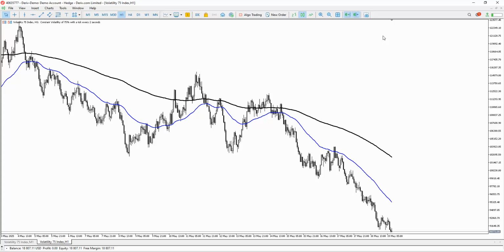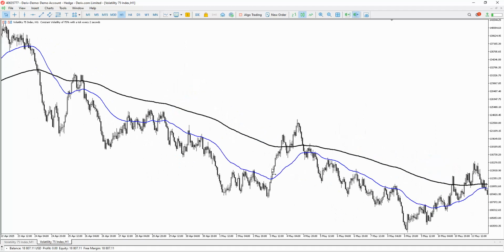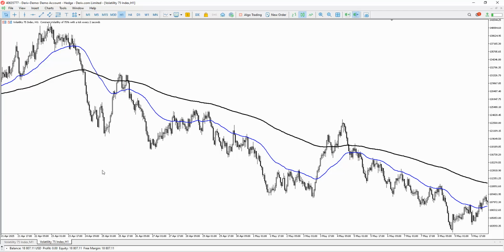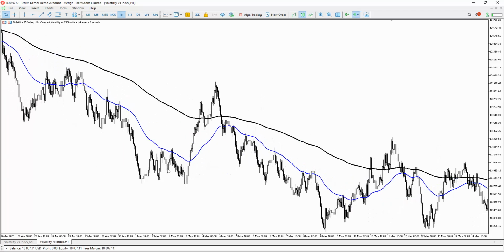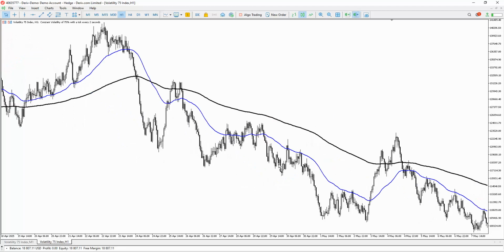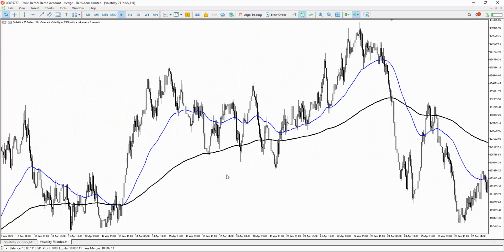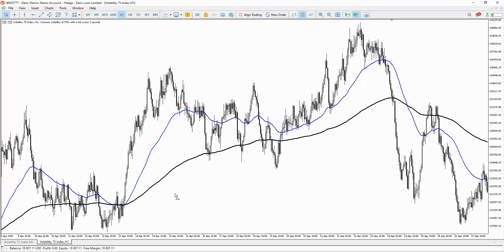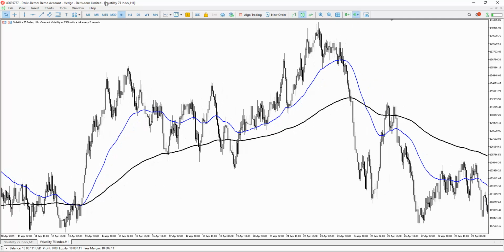Let me zoom out and also freeze the scroll. You can see that 1 hour has been on a very steep downtrend since back in April. And what I can observe from 1 hour is whenever you see a crossover, you can actually enter the market and it will still give you a lot of pips.